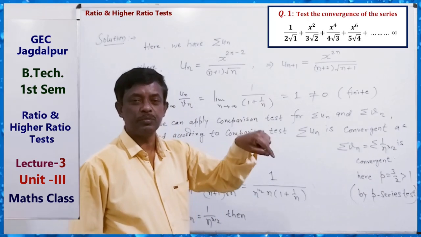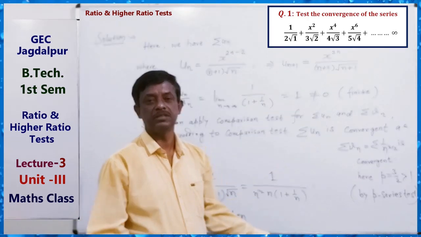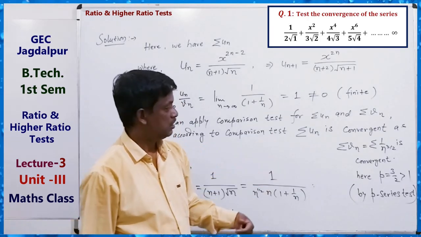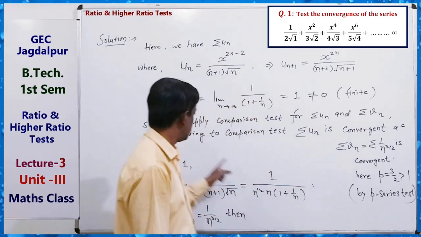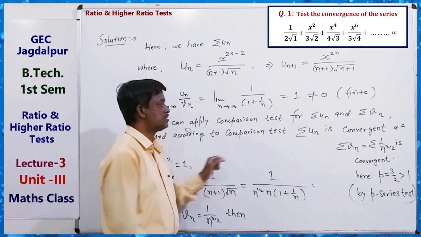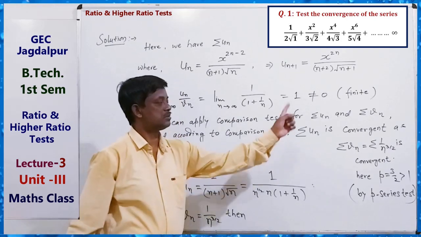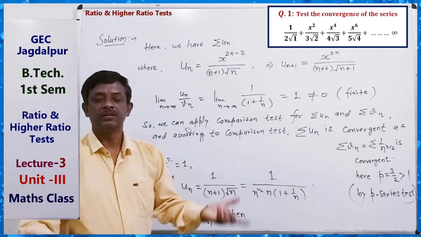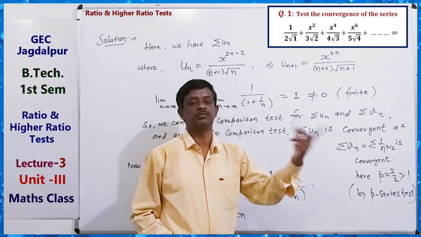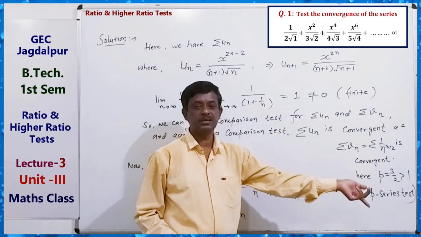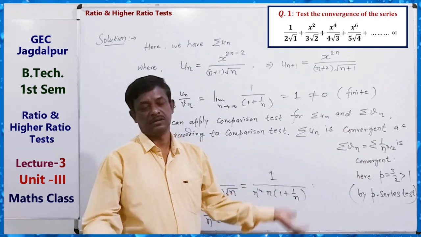So vn is convergent, so un is also convergent. Because according to the comparison test, summation un and summation vn behave the same, both together converge or diverge. So here summation vn is convergent, so summation un is convergent.